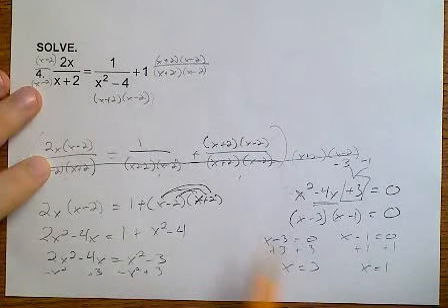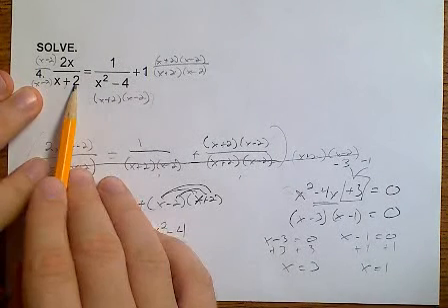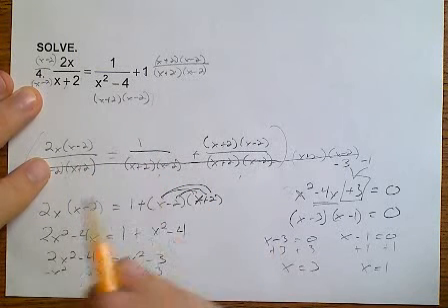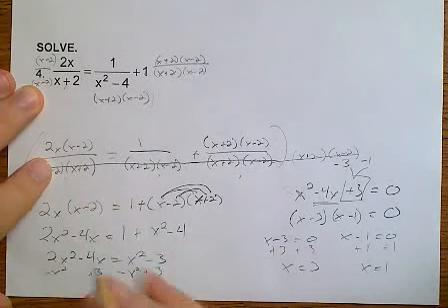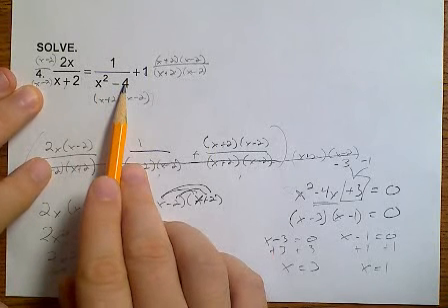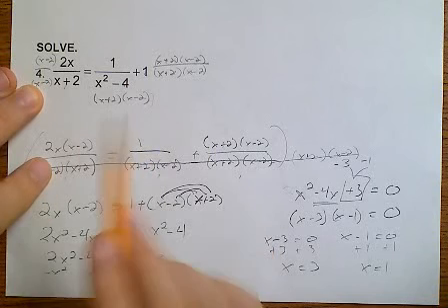Let's see, well, 3 plus 2, that's not 0. I don't even need to figure out what it is. It's 5. But I should know 3 plus 2 is not 0. 3 squared is 9 minus 4, also not 0. So we're good with the 3.